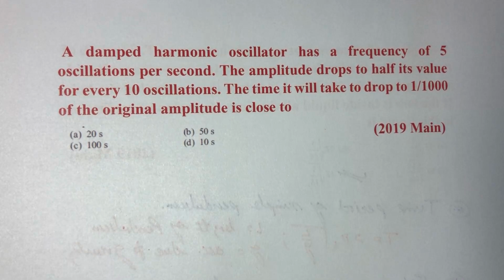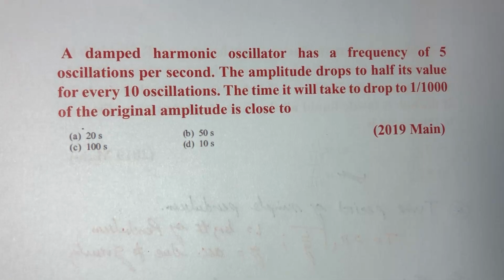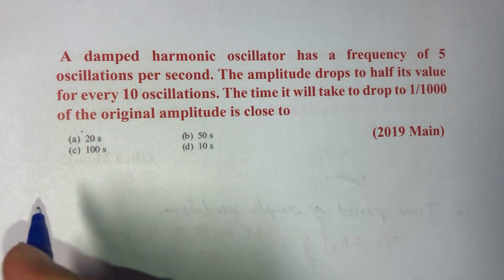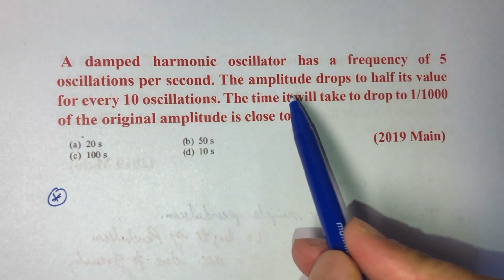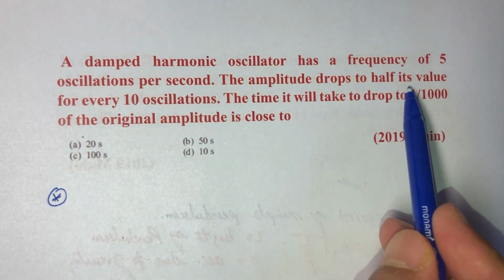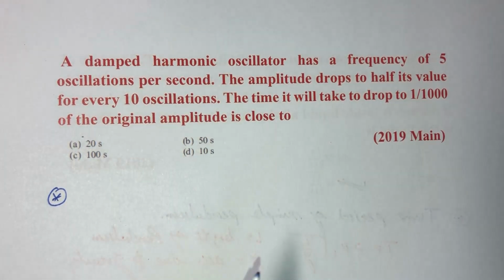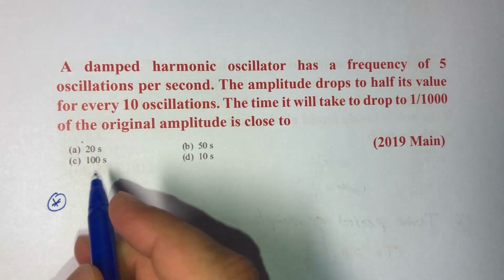So we can start by understanding the decay factor per oscillation. It is given to us that the amplitude drops to half its original value after 10 oscillations.